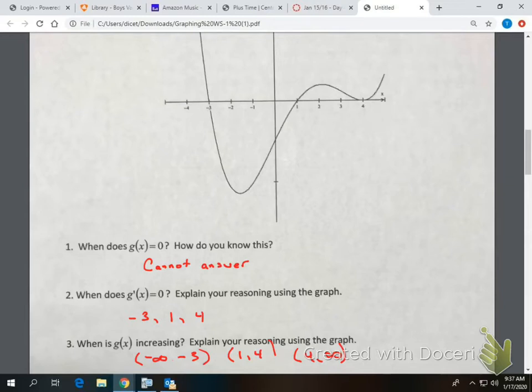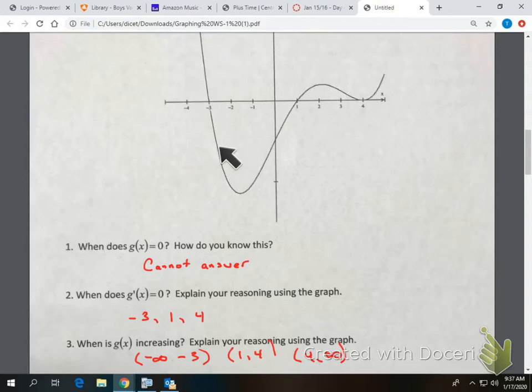Go ahead. Ask the question. Can you explain how you know which one's the relative maximum and which one's the relative minimum? Yeah, I can go back. Are you comfortable with this is where the derivative is 0? Okay. This is the derivative graph. If the derivative is positive, doesn't that mean your original function was increasing? If the derivative is negative, doesn't that mean your original function is decreasing?